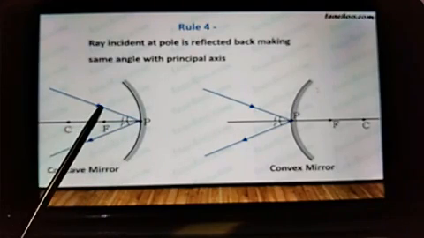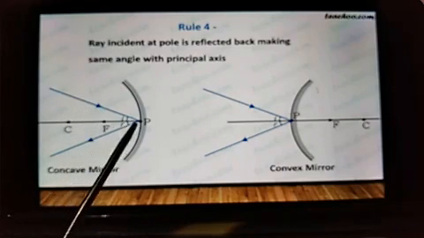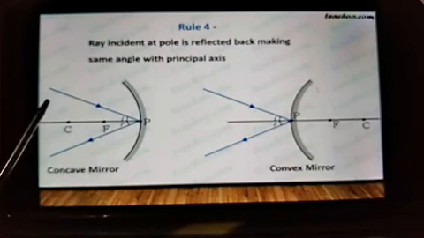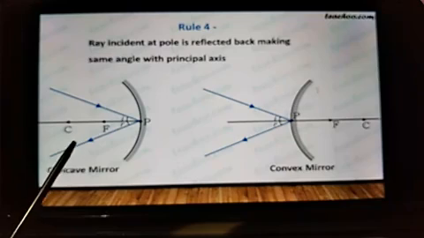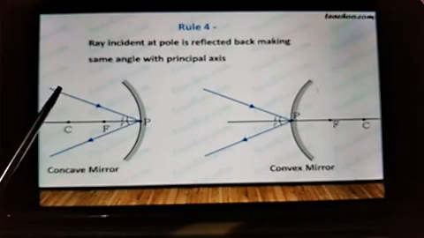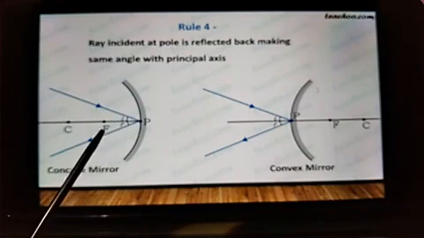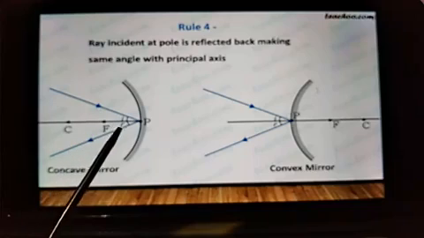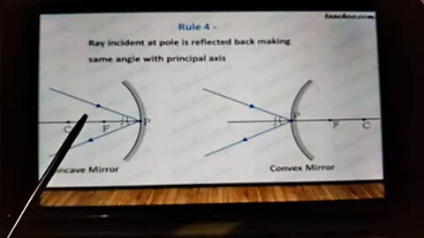If this is 30 degrees, then after reflection also it will be 30 degrees. Here we can see an oblique line and it passes obliquely. It means whatever angle it is coming at, after reflection it passes at the same angle, if it is striking the pole and making an angle with the principal axis.